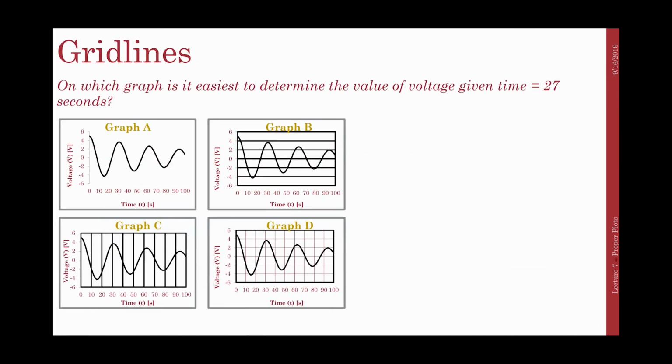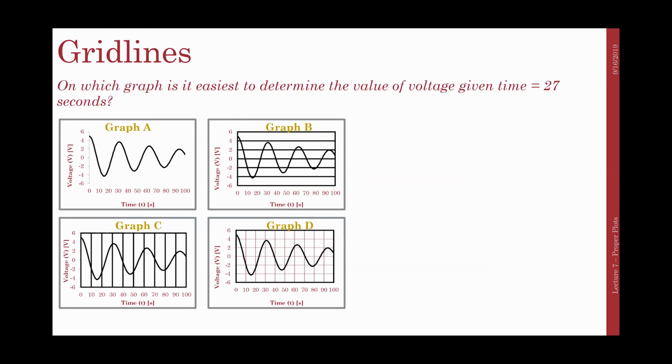So grid lines are useful for determining information. I'm asking on which graph is it easiest to determine the value of voltage given at time 27. On the first graph, it's nearly impossible because you have no way to tell between 20 and 30 where 27 lies. On the second graph, even though you still can't figure out where 27 lies, you can figure out what the voltage is.